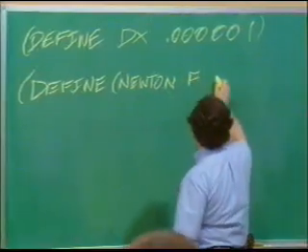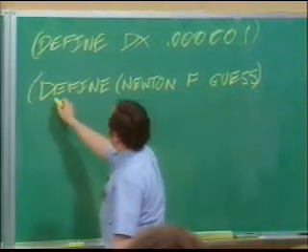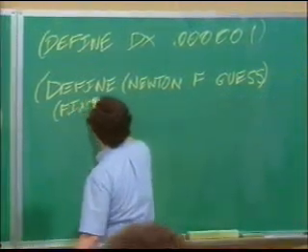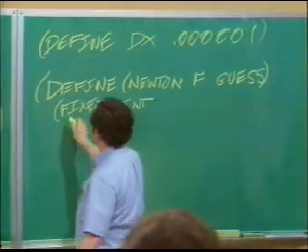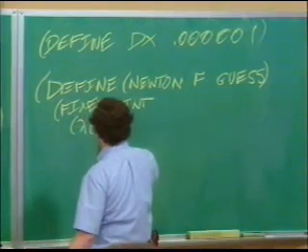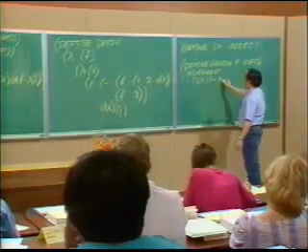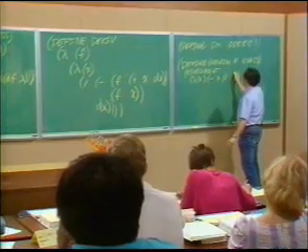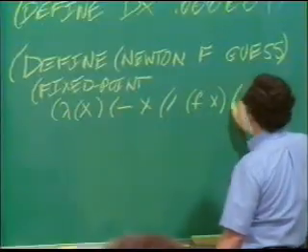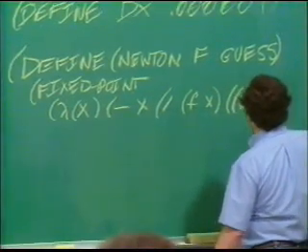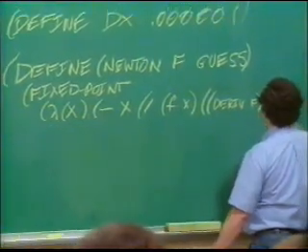Of f and guess to be fixed point of that procedure of one argument x which subtracts from x the quotient of f applied to x and the deriv of f applied to x.